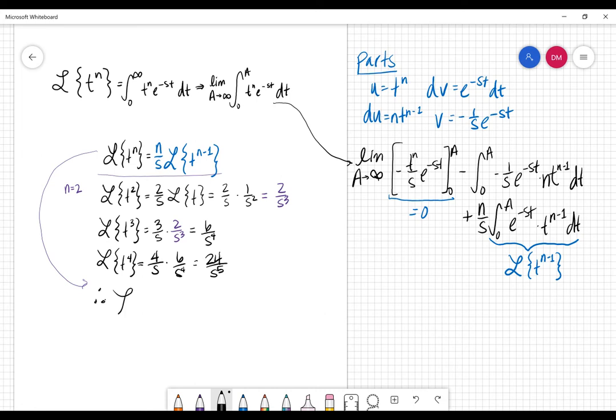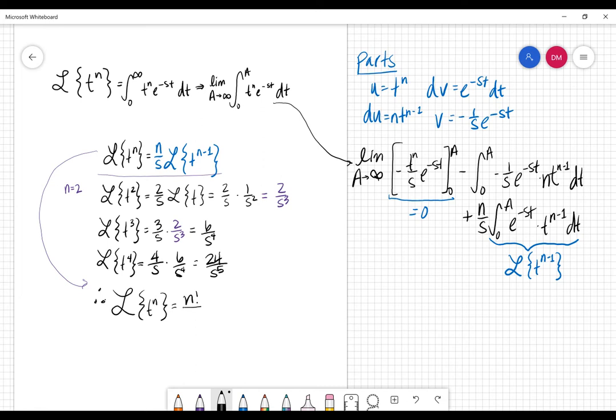we can update our Laplace of t to the nth formula to be, if we look at our numerator here, this is n factorial. What I have done is essentially multiplied the number in the exponent, my n, by each of the lower numbers below it, because I keep multiplying by that previous.